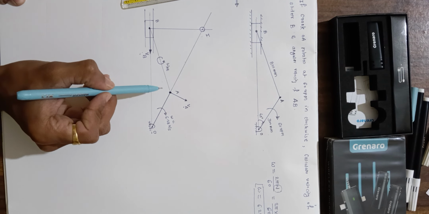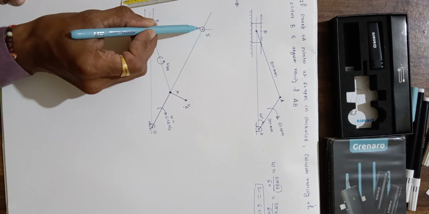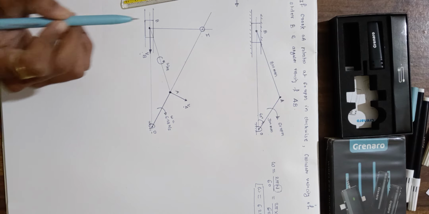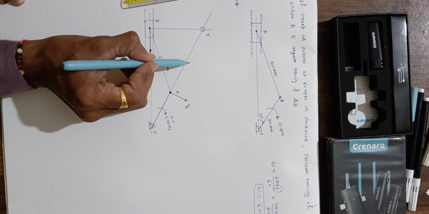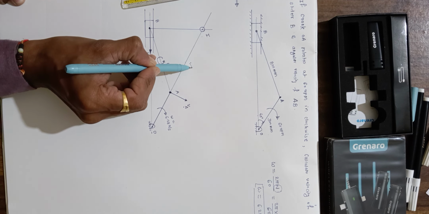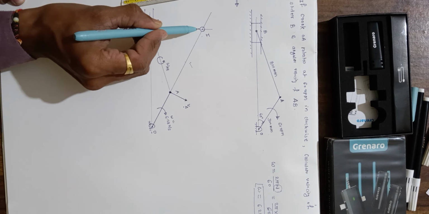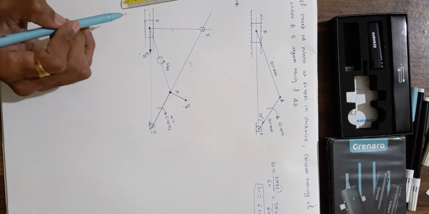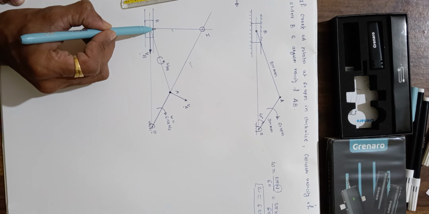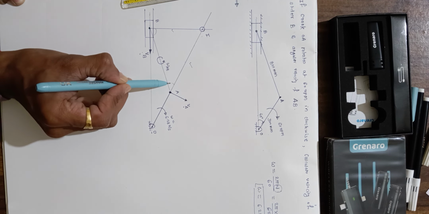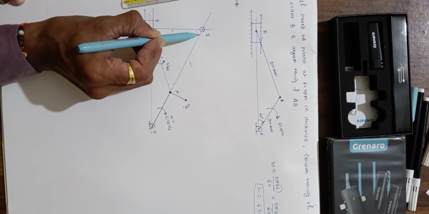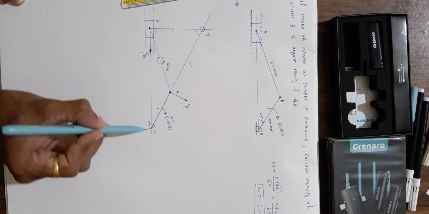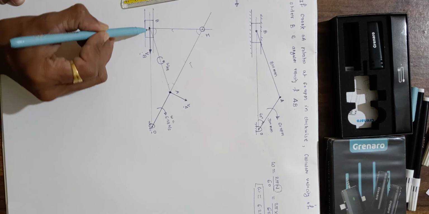Now in the triangle ABI, which is the triangle of ICR, we have to find out two distances. This is the distance AI and the second distance is BI. To find these two distances, we must know this angle and this angle. So now refer to the first triangle OAB.